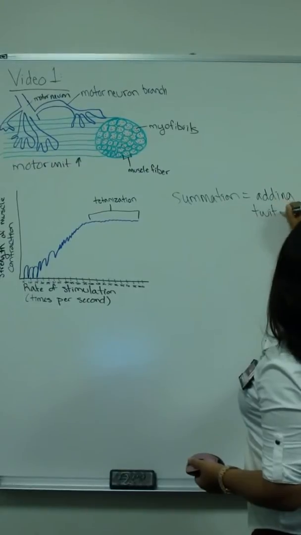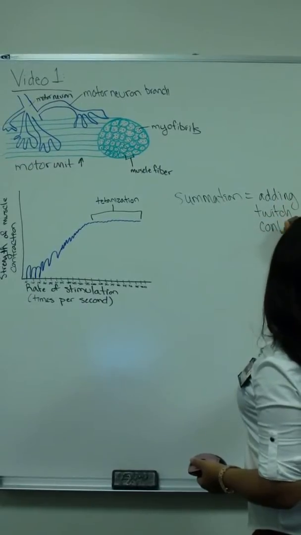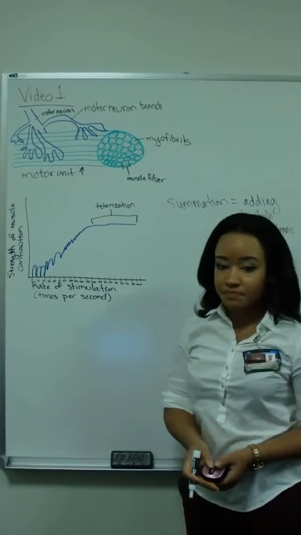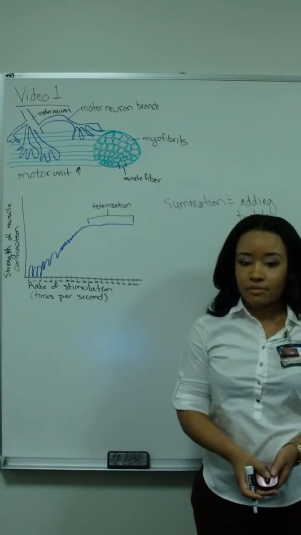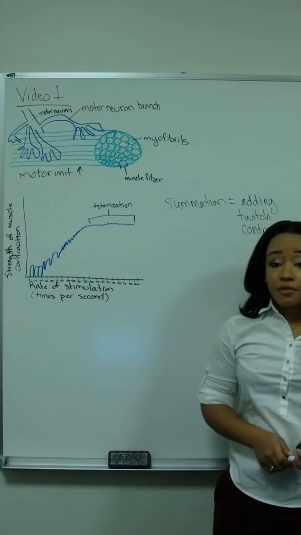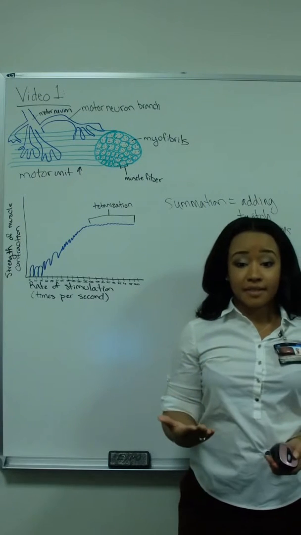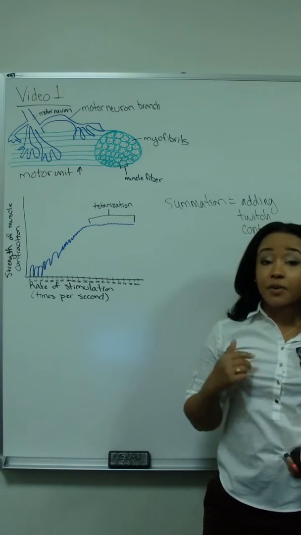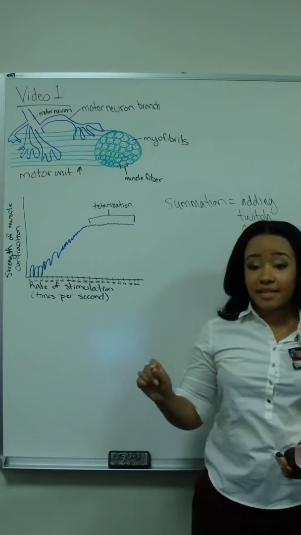Adding twitch contractions. This happens in two ways, by increasing the number of motor units contracting simultaneously or by increasing the frequency of contraction. Increasing the frequency would be tendinization.